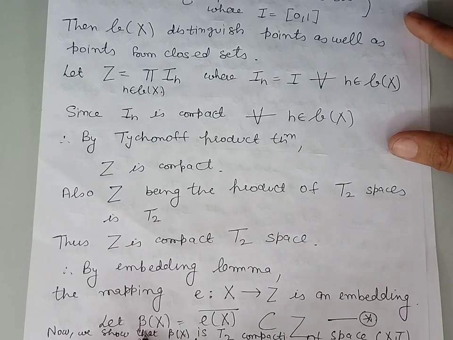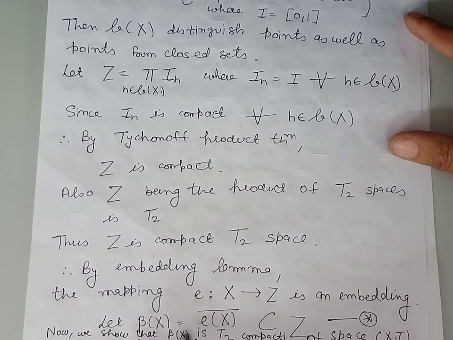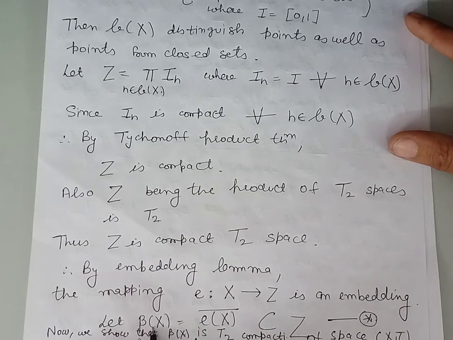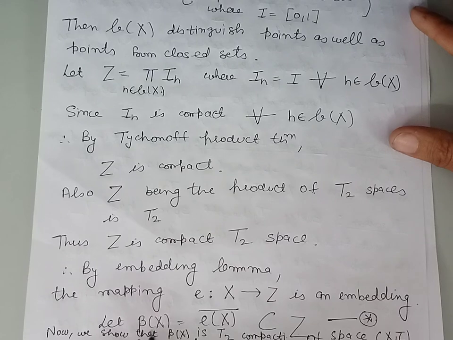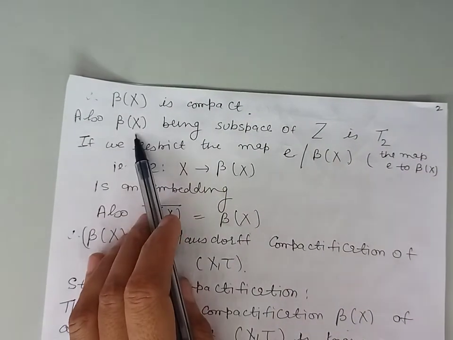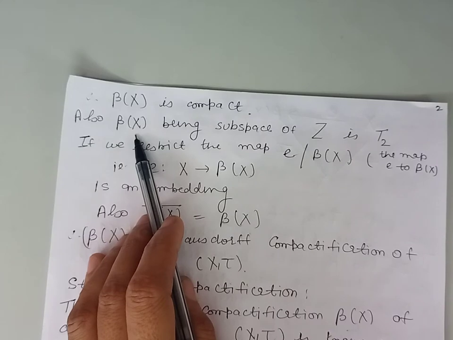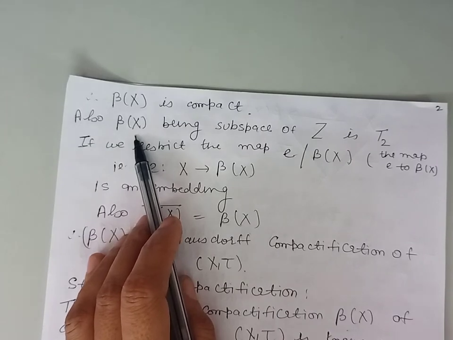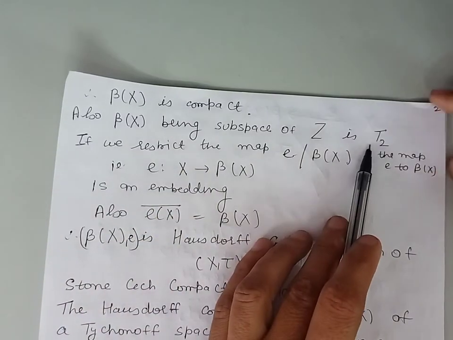Now from here, being the closure of E of X, we can say that beta X is closed and it is a subset of compact T2 space Z, and therefore beta X will be compact. Also, beta X is the subspace of Z and Z is T2, so beta X is T2 also.